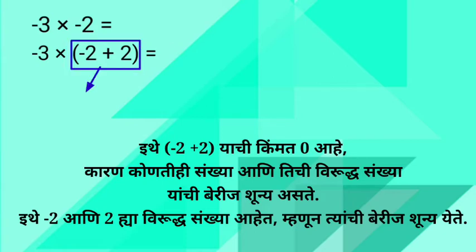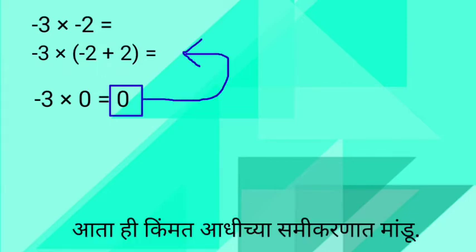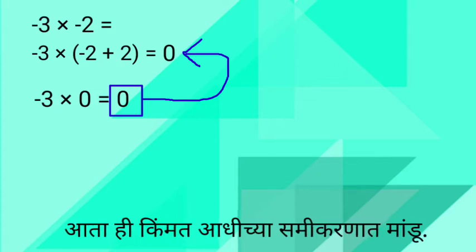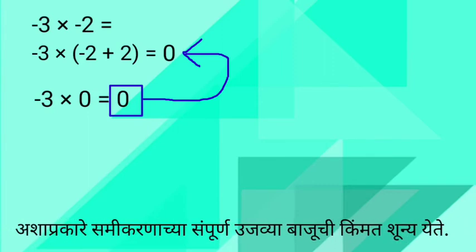If we put this value, we get minus 3 multiplied by 0 is equal to 0, because we know the multiplication of any number and 0 is 0. So the whole left hand side, minus 3 multiplied by, in bracket, minus 2 plus 2, is equal to 0.